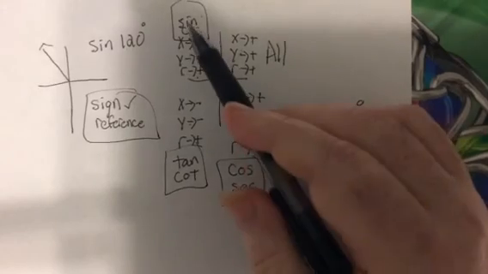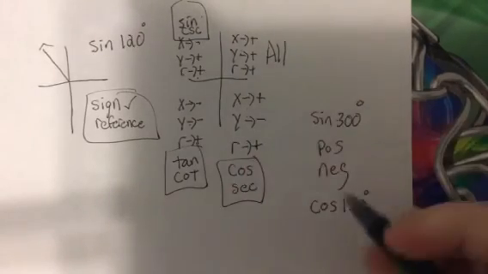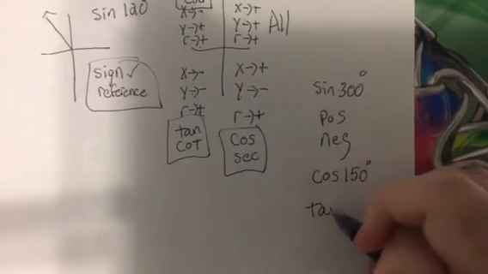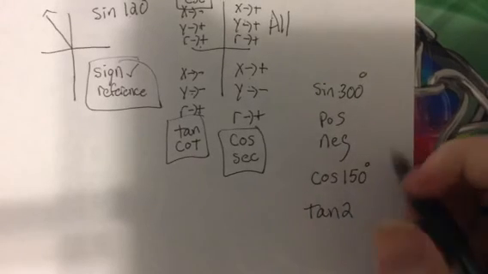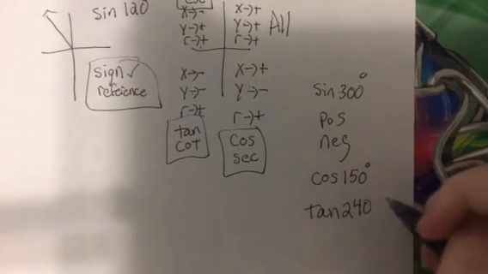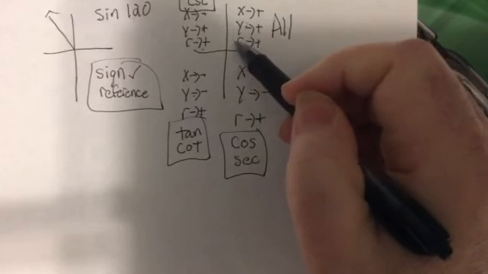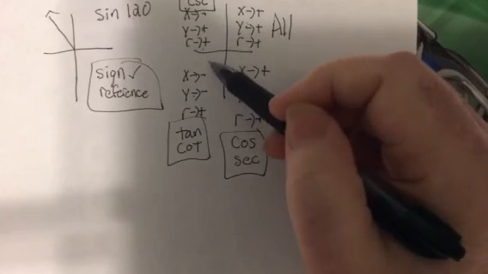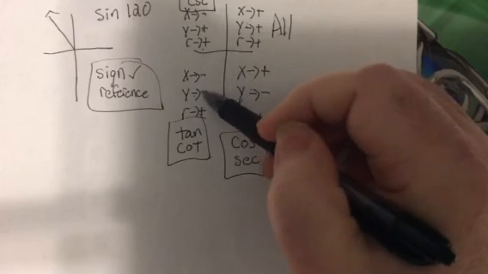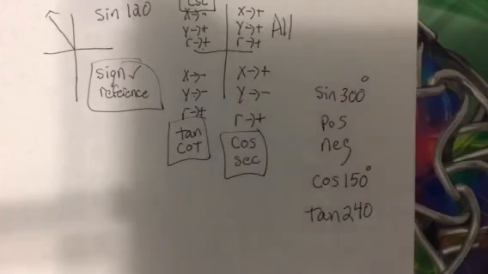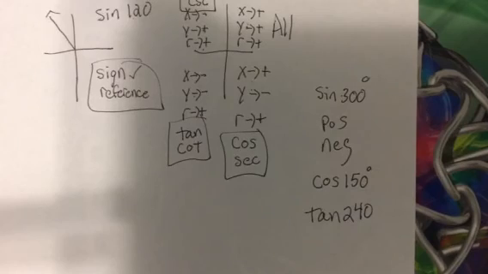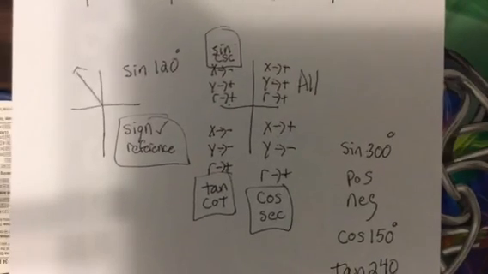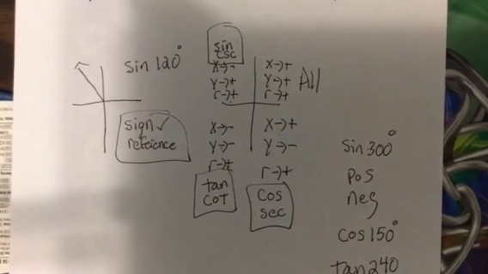Sine would be positive. How about tangent of 240? 240 is in the third quadrant because 270 is right here. x is negative, y is negative, so tangent is positive. So that's the first part of dealing with reference angles. So, good.